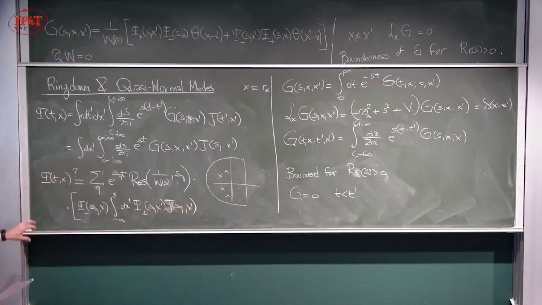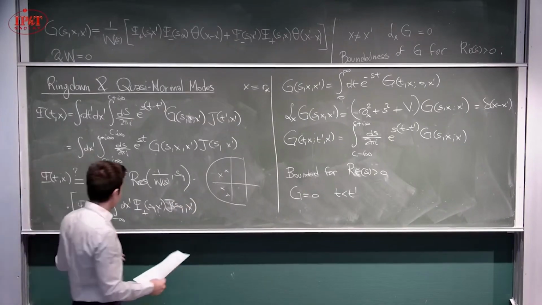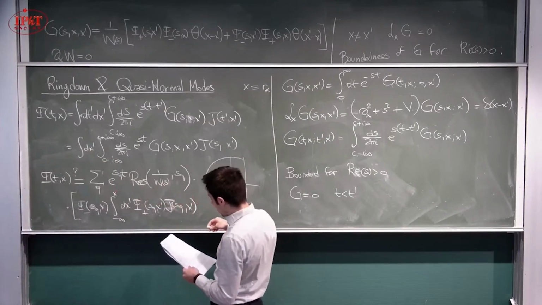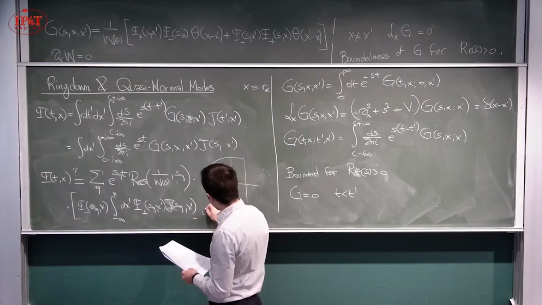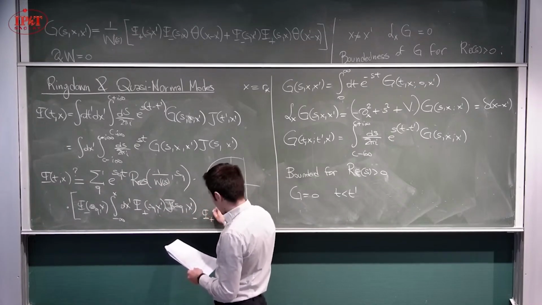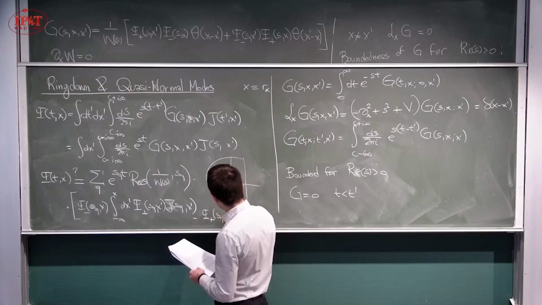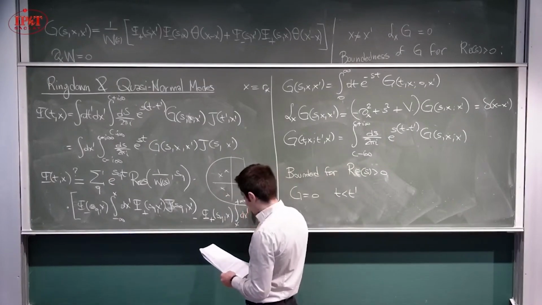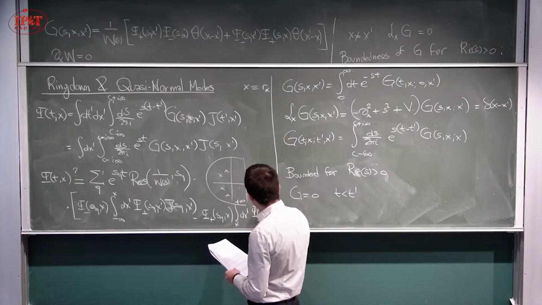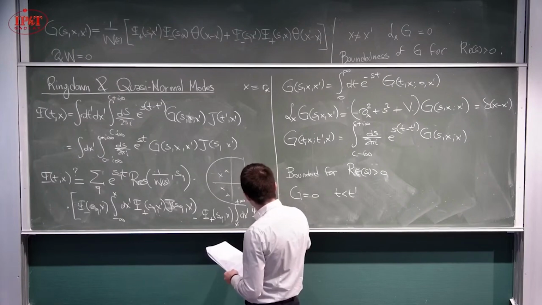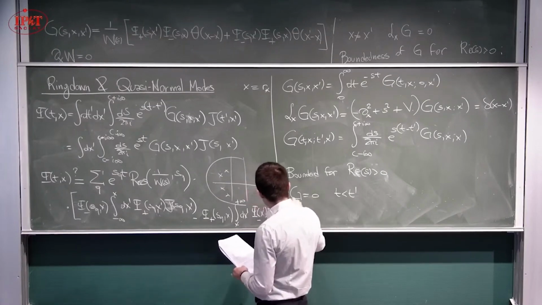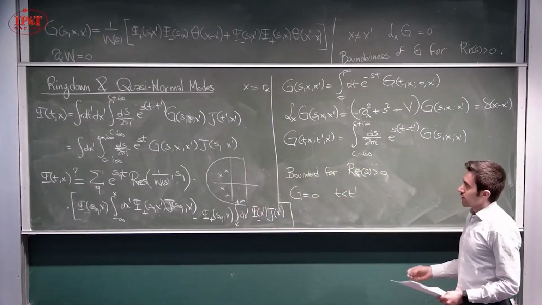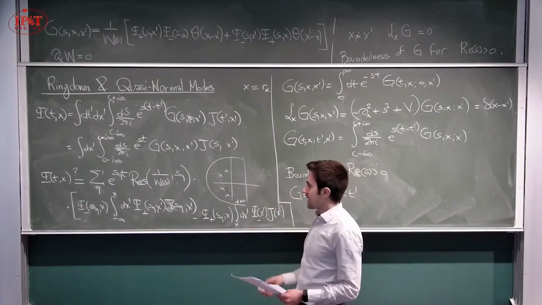I'm just doing the trivial algebra, just substituting and computing the integral. Minus psi plus of s_q x, and then you have the other integral from x to plus infinity dx prime, psi minus, and then j of x prime. So again, if there were only poles, this is the result that you would get.